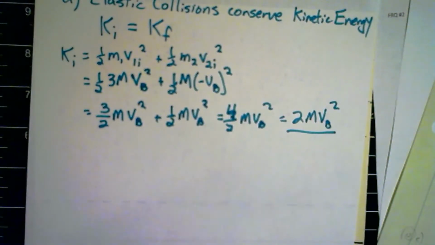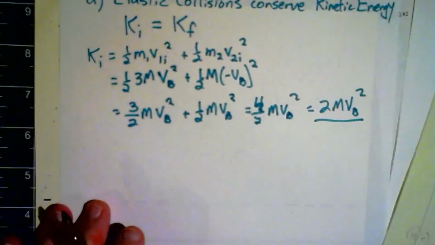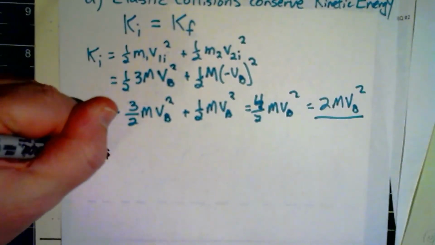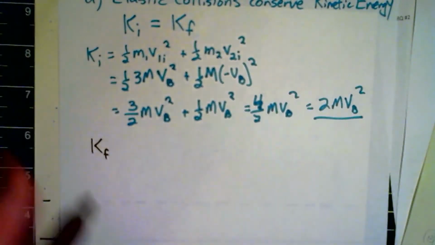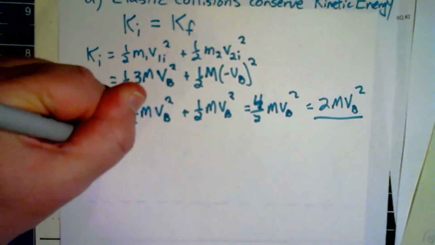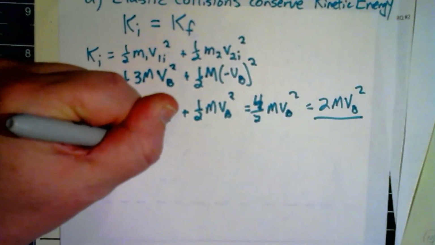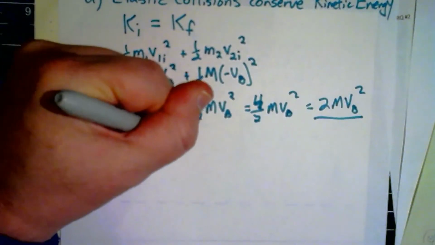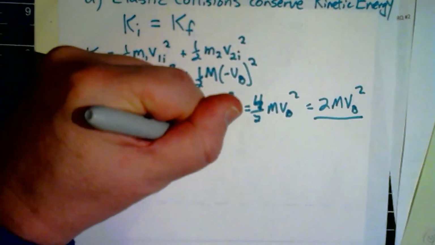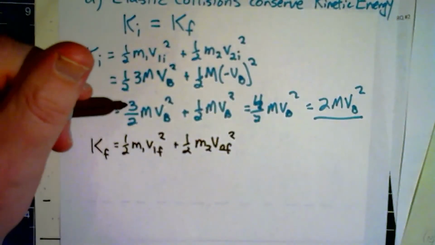Now, after the collision, our final kinetic energy is going to be of similar form. We're just plugging in different variables. So it's still going to be 1/2 m1 v1 final squared plus 1/2 m2 v2 final squared.